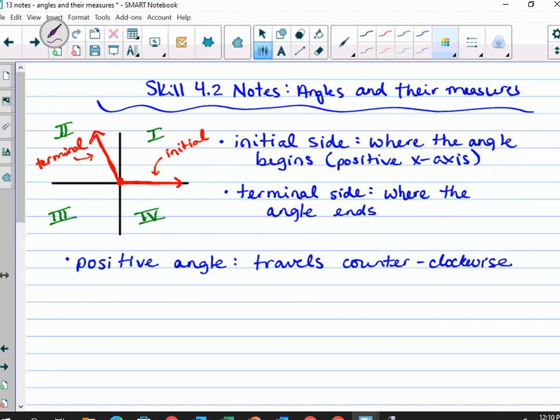Hopefully we all know counterclockwise from clockwise. Look at the clock if you need to. So let me draw an arrow here. If I go from the initial side to the terminal side in that direction, that's counterclockwise. I'm going to call this 120 degrees. I think we all know if it was straight up and down, that'd be a 90-degree angle. This is a little more than that, so we'll call it 120 degrees.